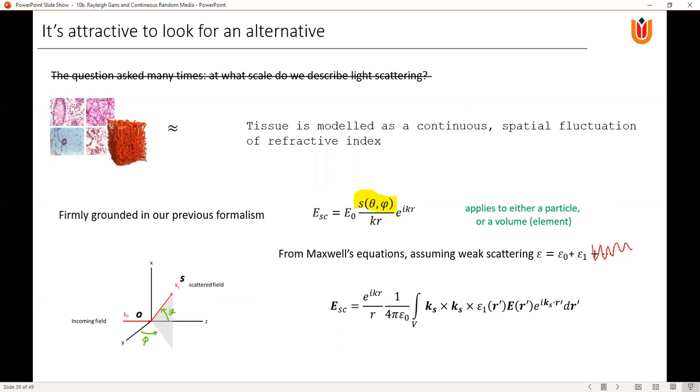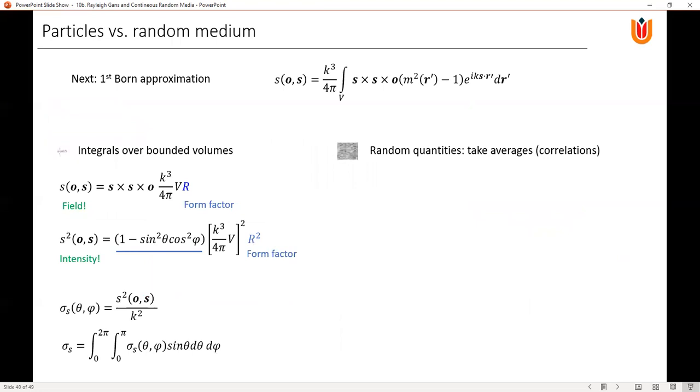From Maxwell's equations, we can get a function that in the first Born approximation allows us to get an expression for S, and in the case of single particles, we could solve S by calculating the form factor.